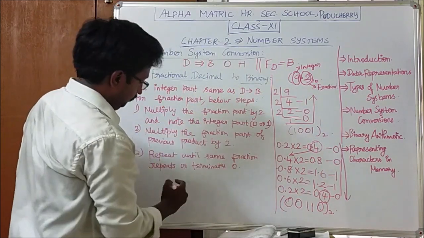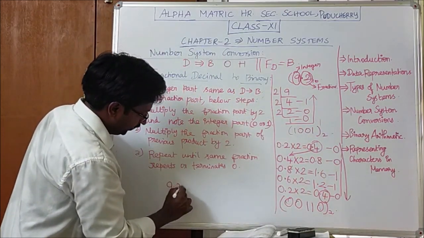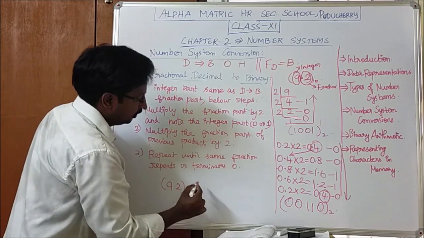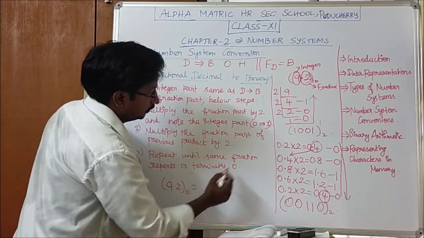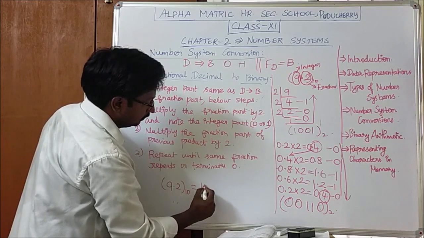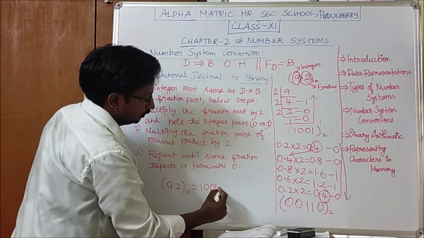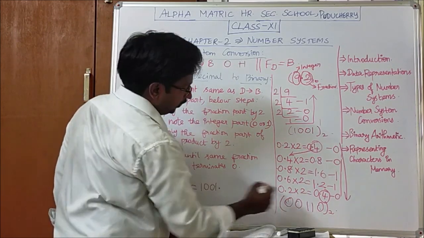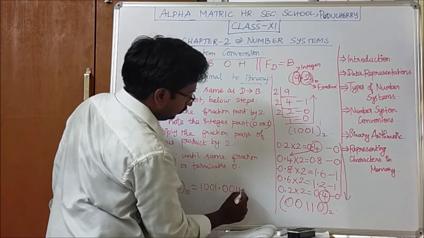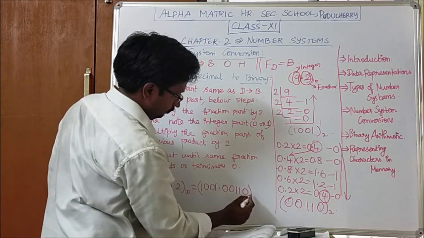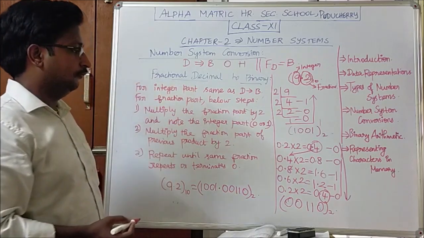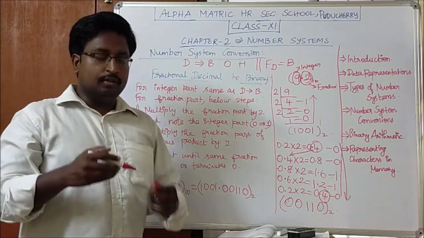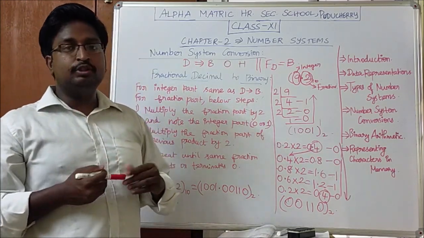I write by combining these two: 9.2 base 10 is equal to the integer part answer 1001 point, here 00110. This is how we convert the fractional decimal to binary.